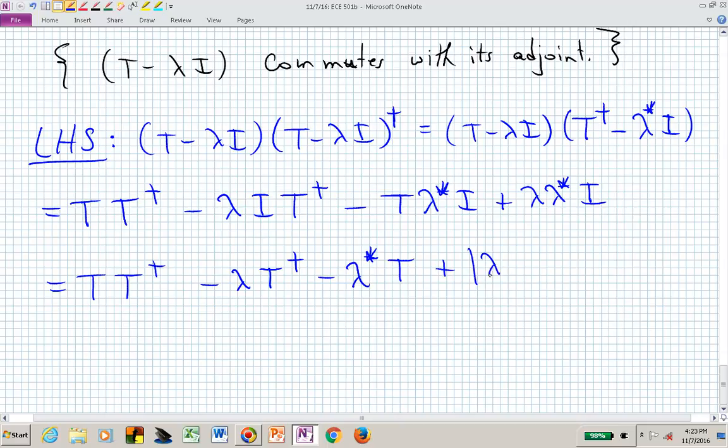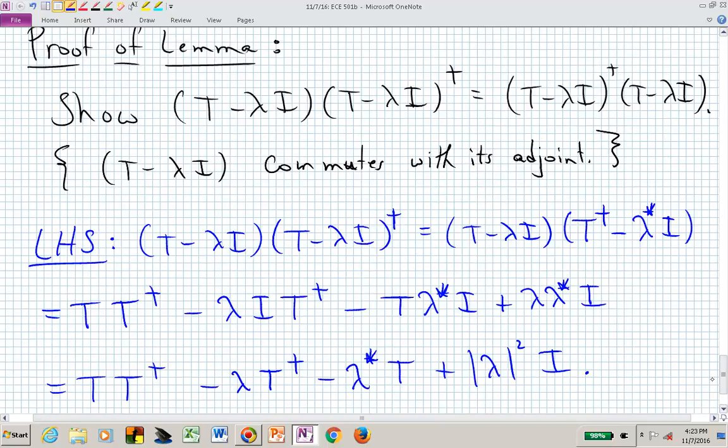Now we just have the magnitude of that complex number squared, scaling our identity map. That's what the left-hand side yields.